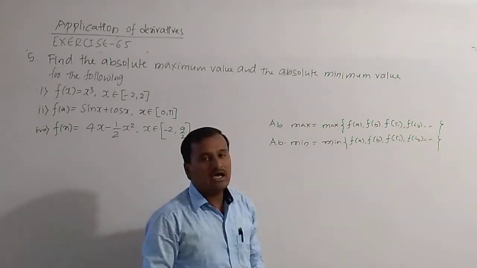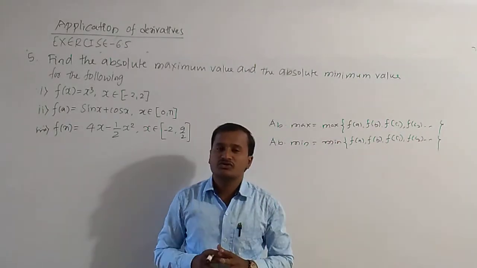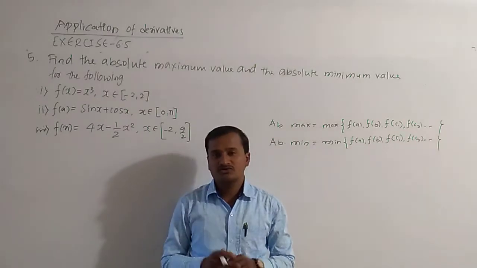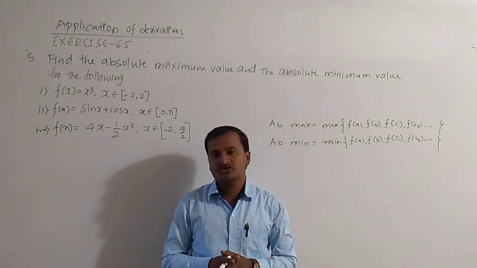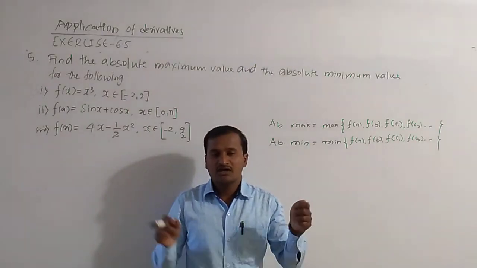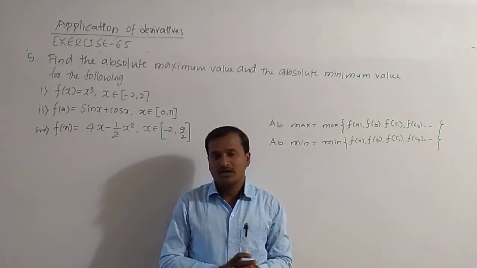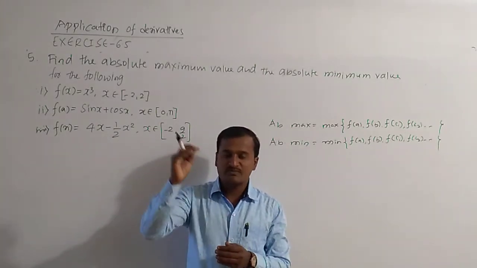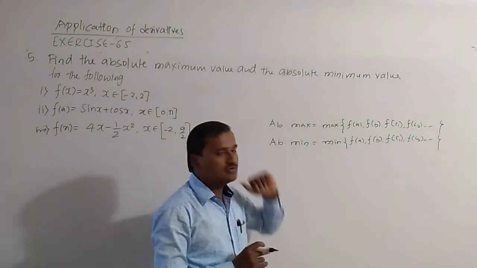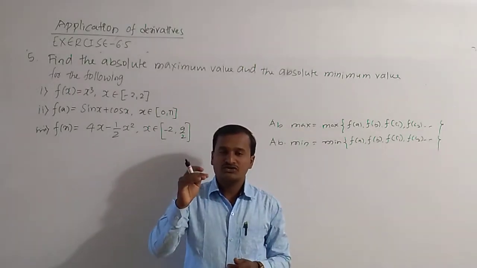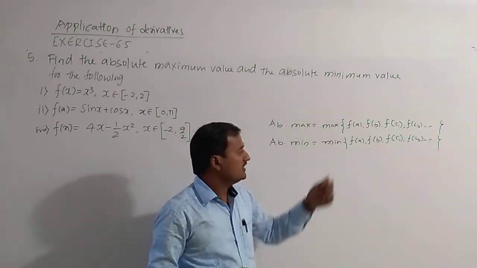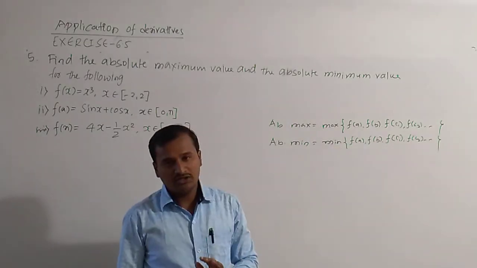Right? So to find the absolute maximum, first you should find the functional values at each critical point, and also take the functional values at the end points, and choose which one is maximum. It is called the absolute maximum. And choose which is the least. Right? That is the absolute minimum.